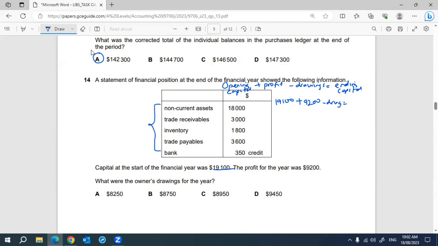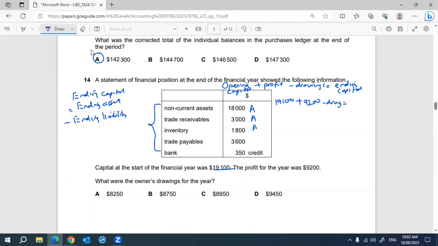So the approach that we can take is to go by the accounting equation, which says that capital equals assets minus liability. So therefore, ending capital would be ending assets minus ending liability. So the assets that we see in this box are 18,000, 3,000, 1,800. Just these three.